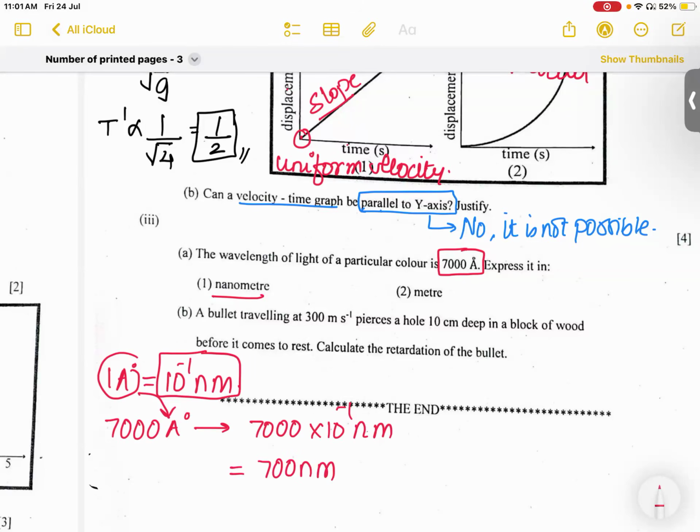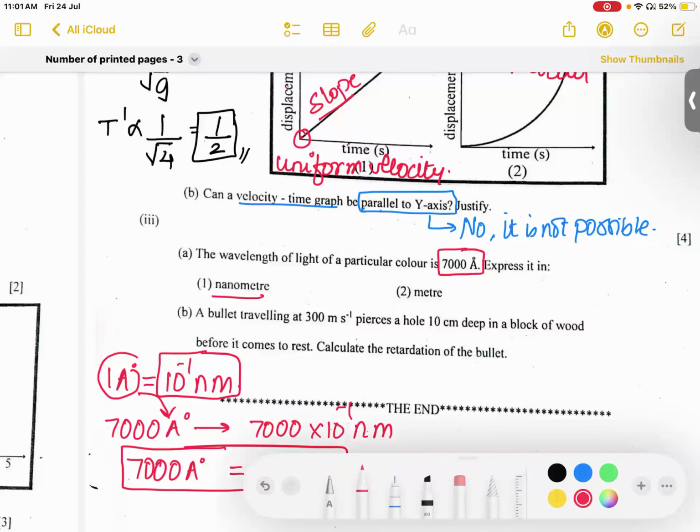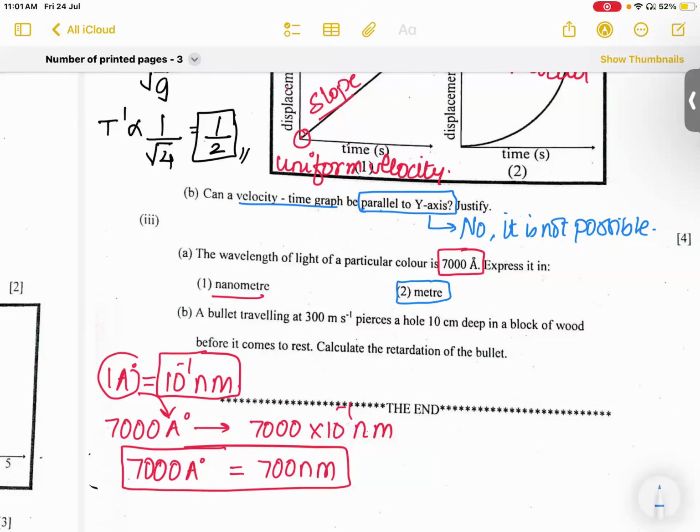Make it simple, make it clear. Don't make your life complicated. Physics is easy. Believe in yourself, guys. Next we need to convert it into meter. 1 angstrom is 10 raised to minus 10 meter. So 7000 angstrom would be 7000 into 10 raised to minus 10 meters.